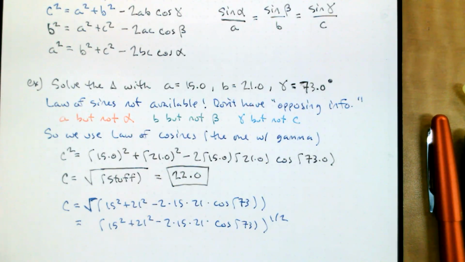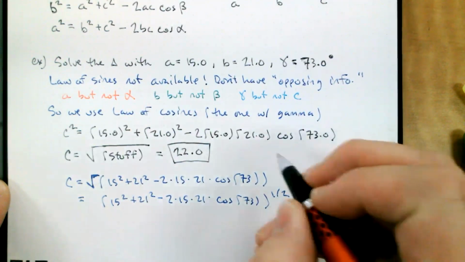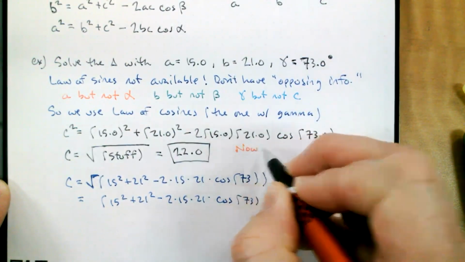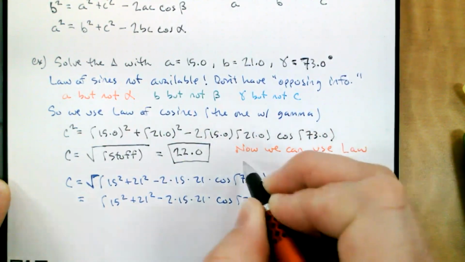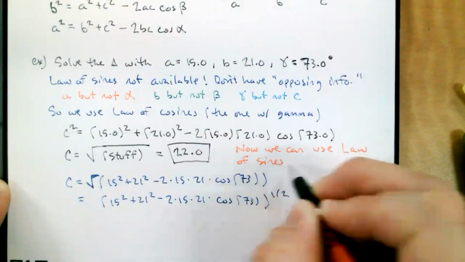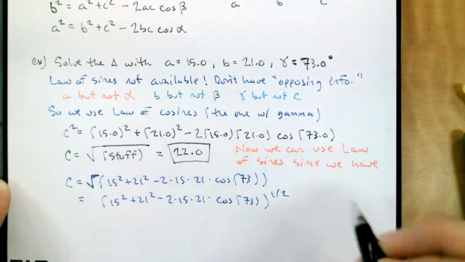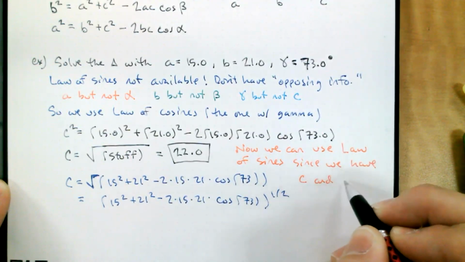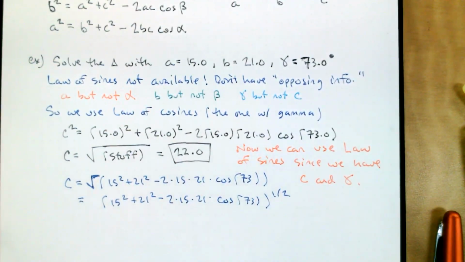So now I've got C and gamma, so now we can use the law of sines. Any questions?